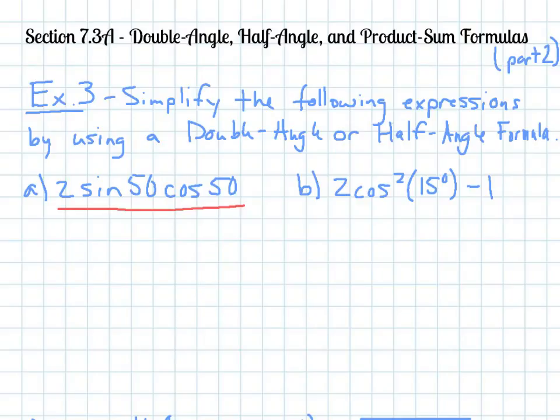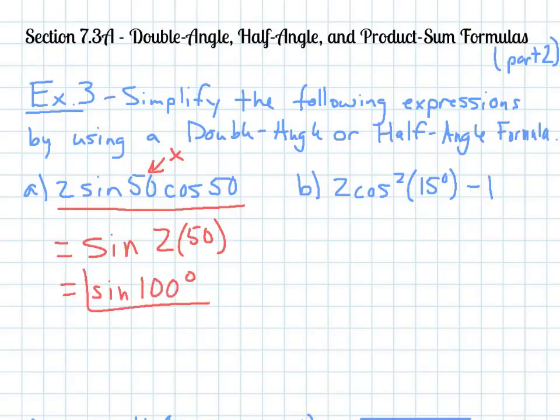And so this would be my x, the 50, and so now I put it into my double angle one. So it would be like saying sine of 2x. So since x is 50, I'd say sine of 2 times 50. And so simplifying that, I can say sine of 100.